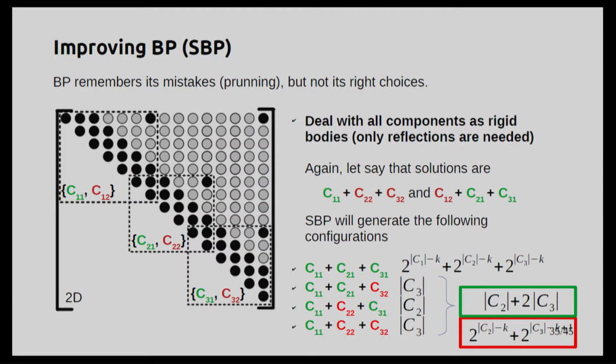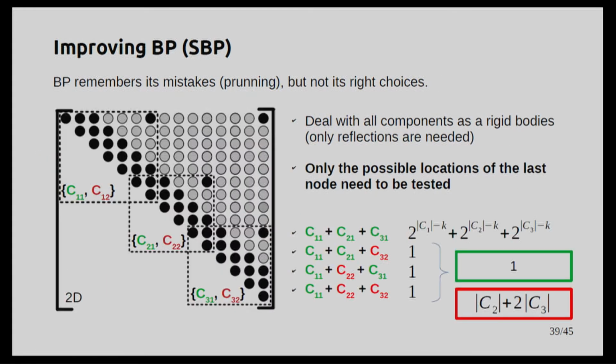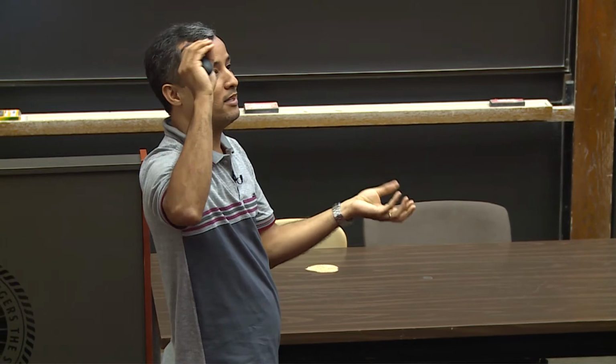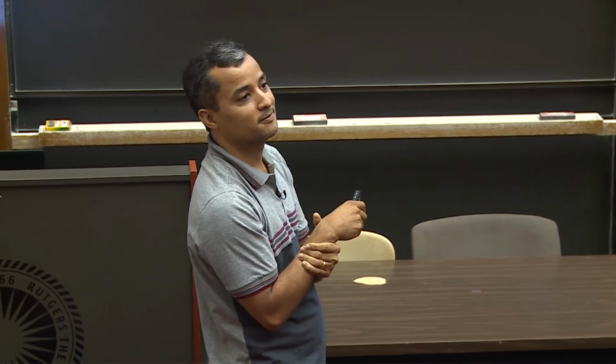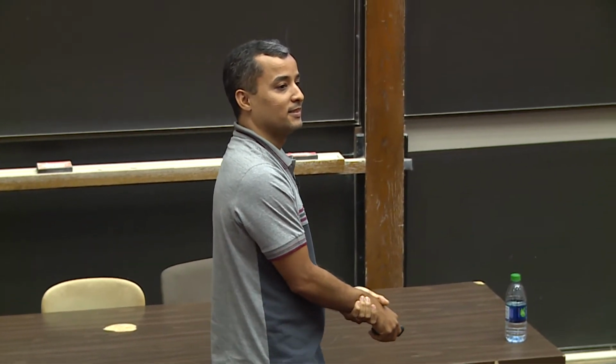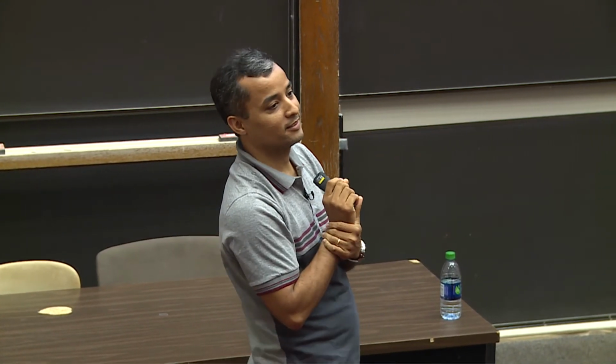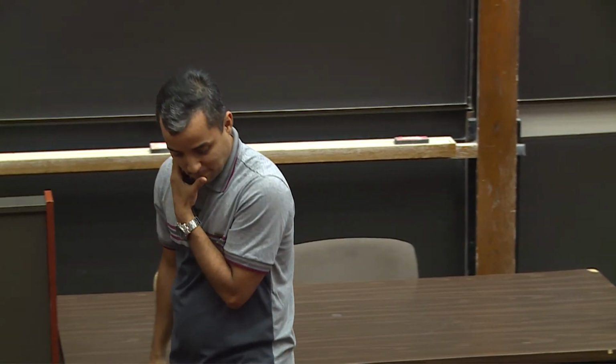We achieved this kind of cost here because we do not move all points, just the last one. This is why it should be so fast. It depends on the last one associated to each constraint. This is the idea.